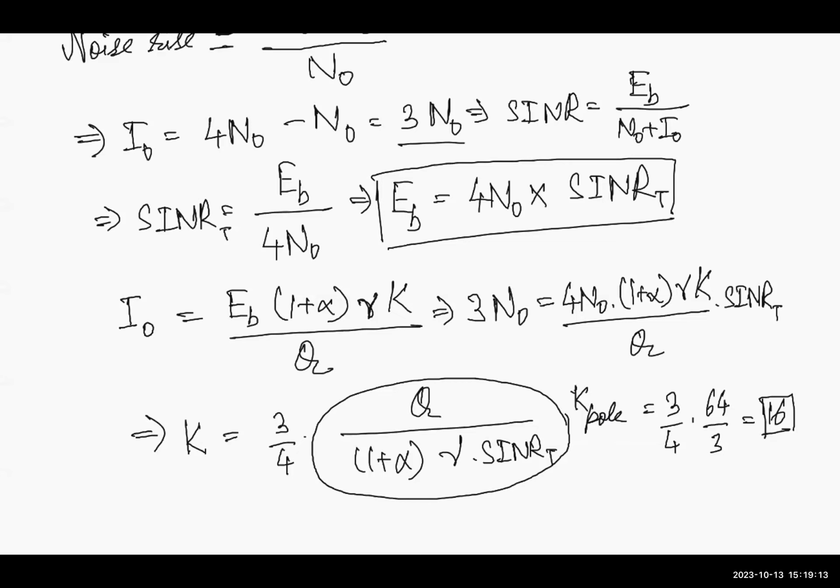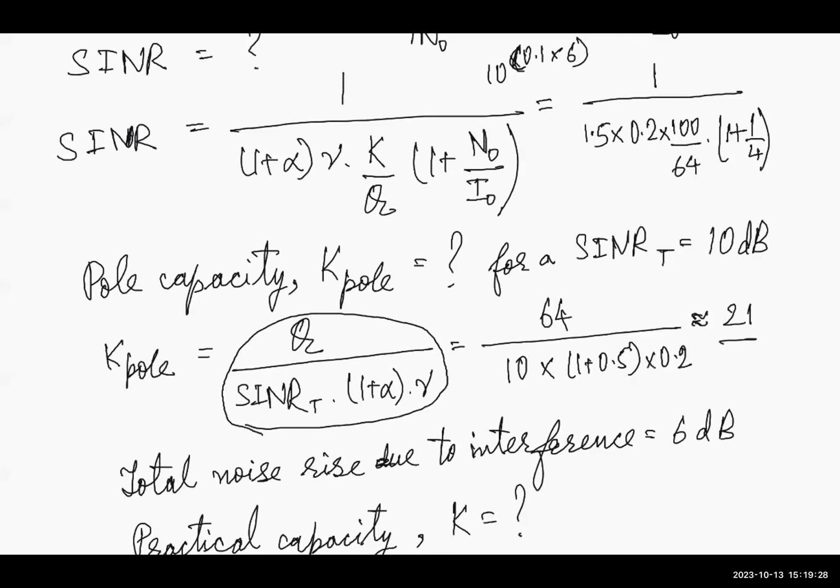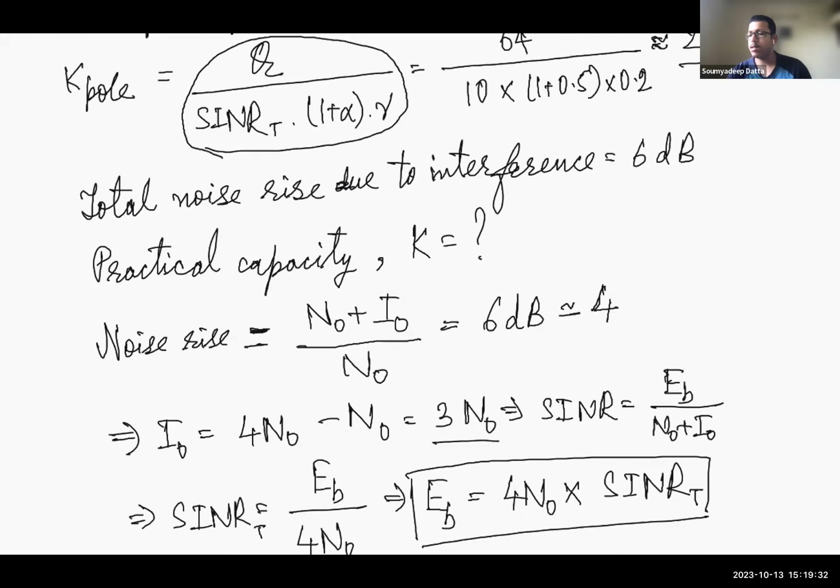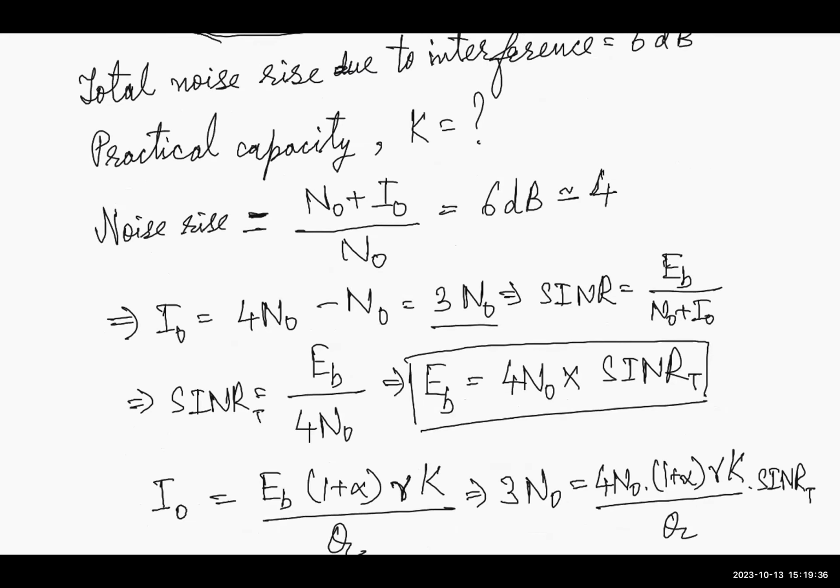Sir, how has this SINR target come? It is given in the formula of I0. See, I0 is calculated from this. You are told that the noise rise is 6 dB.